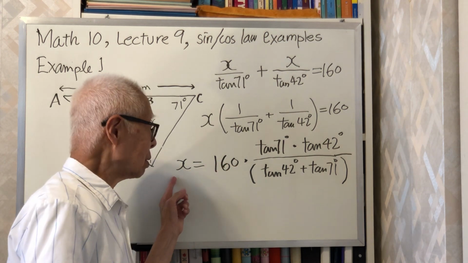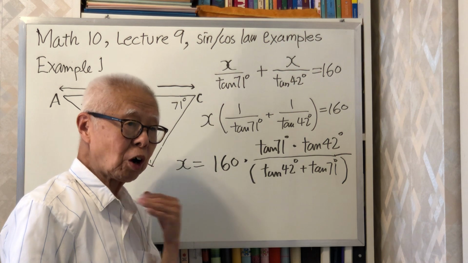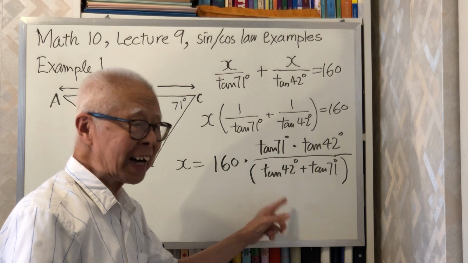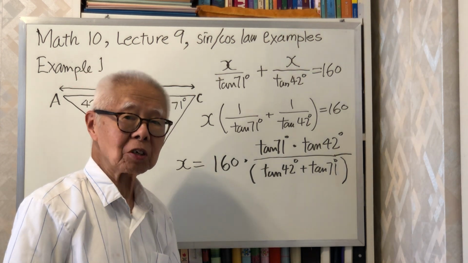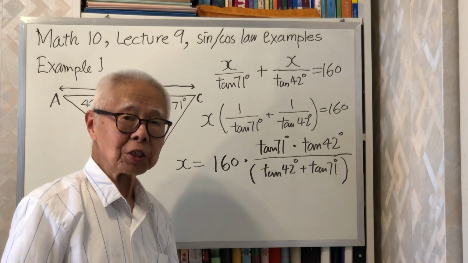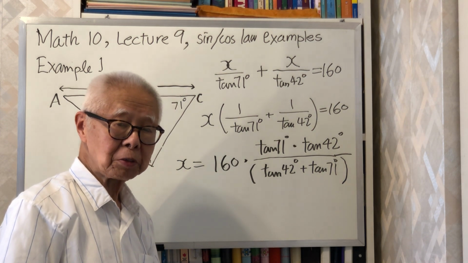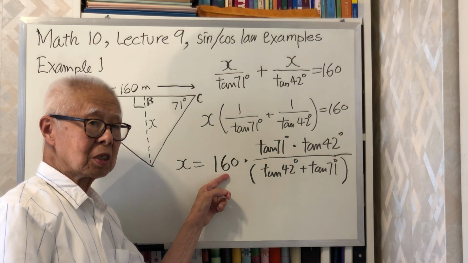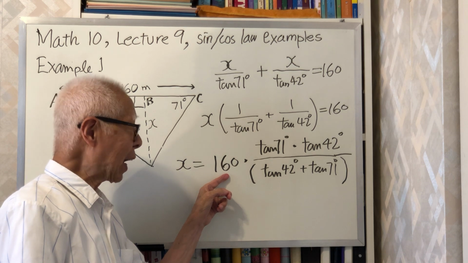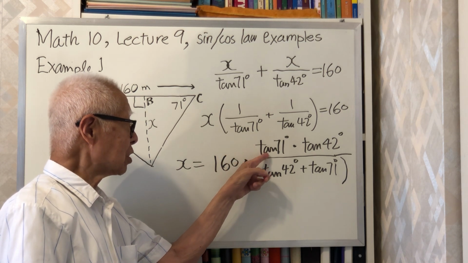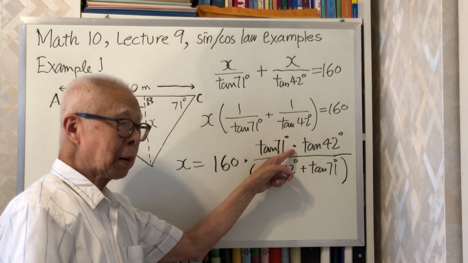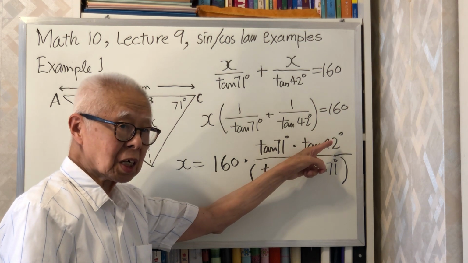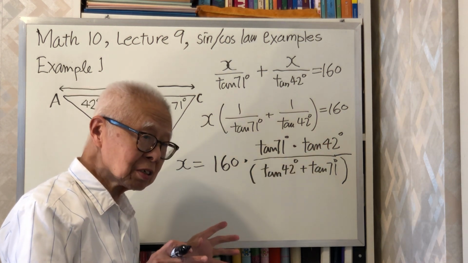Do you follow that? I hope you follow that. Once you have that, it's just a simple matter of using a calculator. You enter 160, multiply, tangent 71 degrees, multiply again, tangent 42 degrees, and divide.